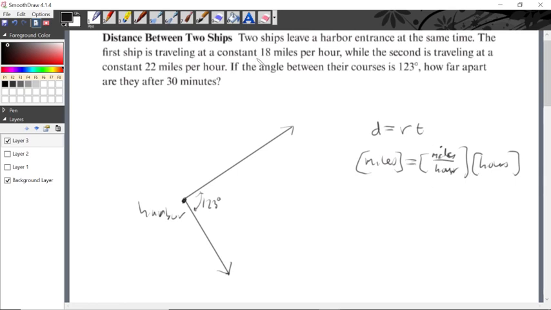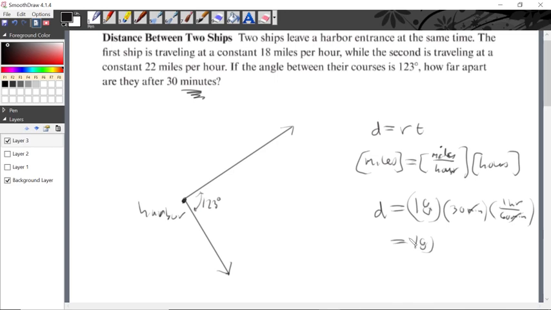In this case, one of these ships goes 18 miles per hour, so D is equal to 18 times the amount of time, but the time is 30 minutes. Well, 30 minutes is equal to half of an hour. If I were to put 30 in here, that would be 30 minutes, so we would need to multiply by 1 hour over 60 minutes to do a unit conversion, because the 18 is in miles per hour and we need to cancel hours with hours.